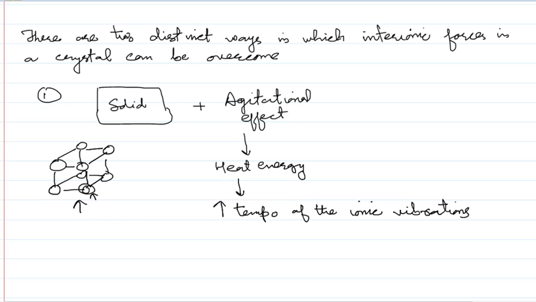So ultimately, this should be an ionic crystal first. For example, if we take NaCl or something like that, a crystal which is in ionic form in the solid state.